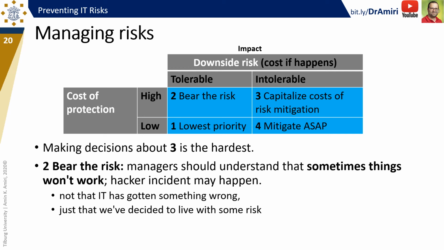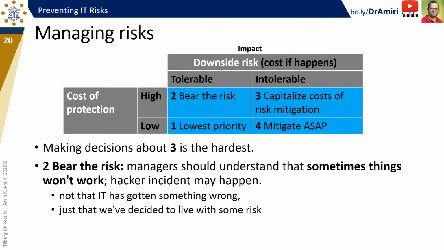However, if the cost of protection is low and the downside risk is also tolerable, there is no point in addressing that risk at that moment. The most difficult decision is when the downside risk is intolerable and the cost of protection is quite high.